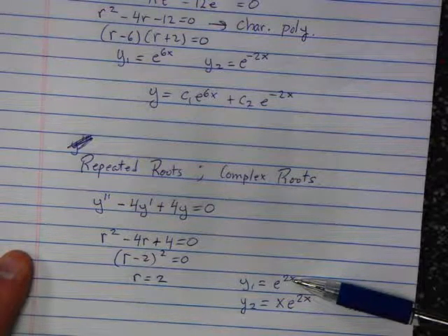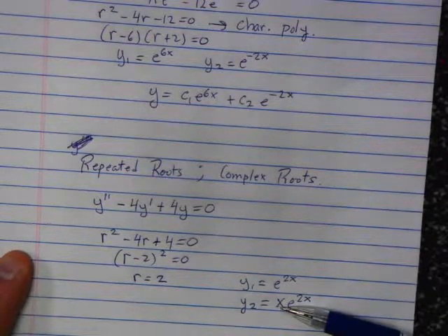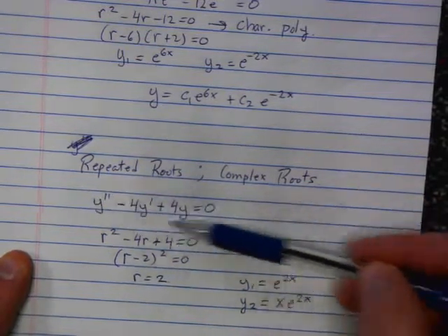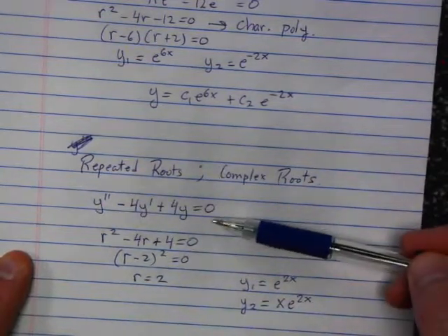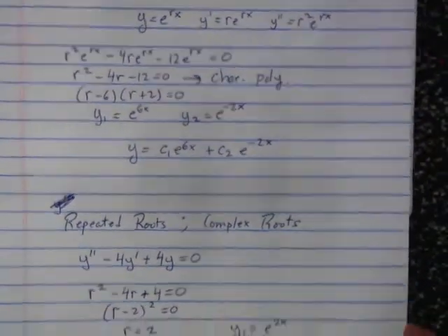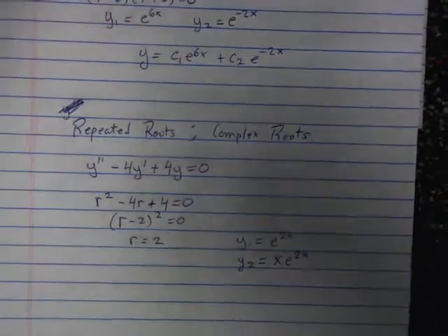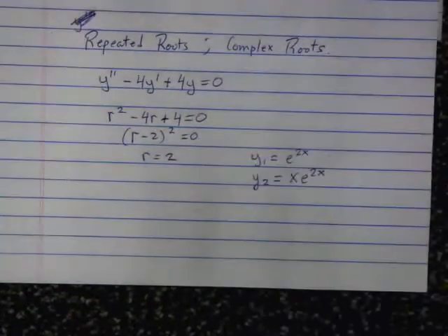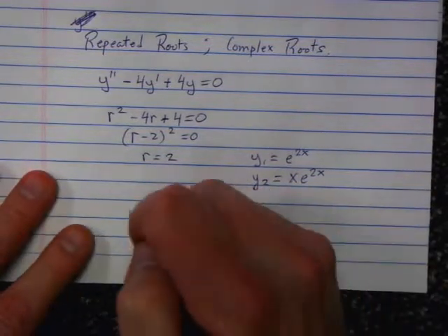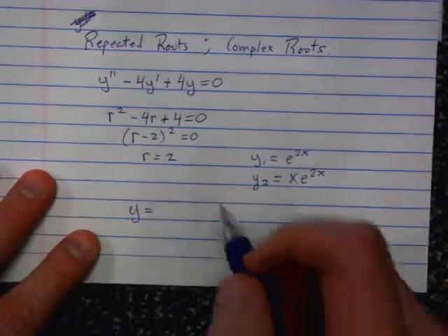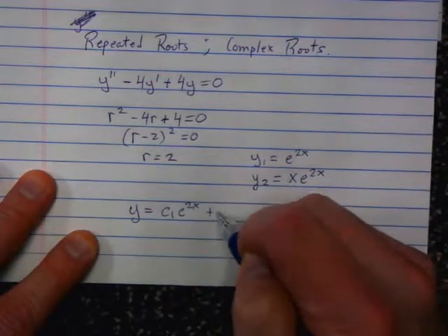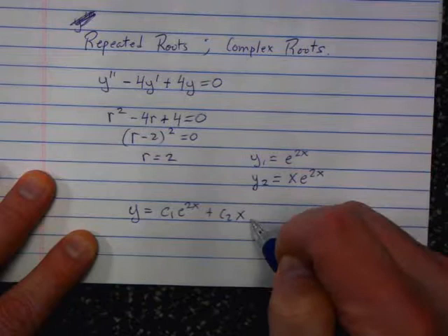And what we saw back in section 2.1 is if you simply multiply by x, take the derivative, take the second derivative, plug it all in, it'll happen to work. Okay? General solution, therefore, is y equals c1 e to the 2x plus c2 x e to the 2x.